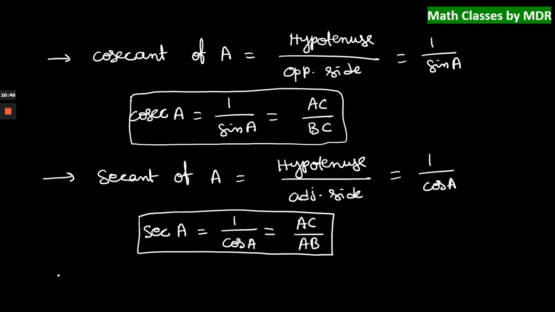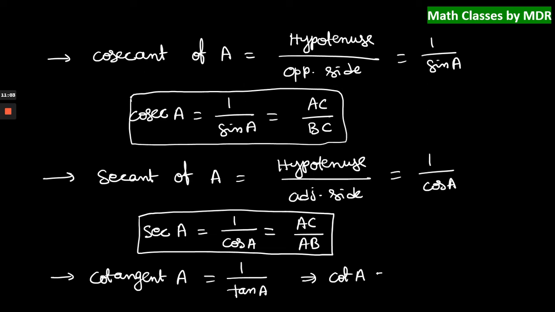So the last but not least, cotangent A. Cotangent A is the reciprocal of tan A, that is the adjacent side to opposite side. So we write it as cot A, which is equal to 1 by tan A, and is equal to AB by BC.